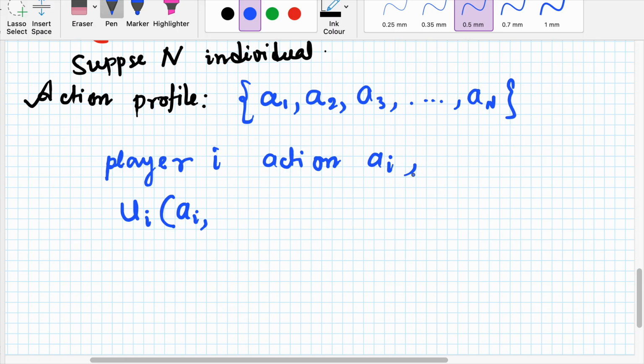The other players' actions can be represented by a minus i.